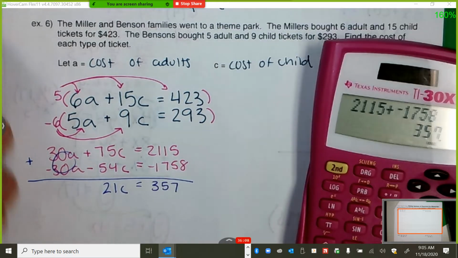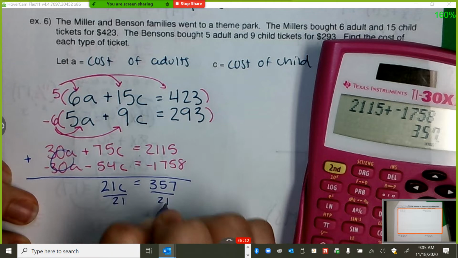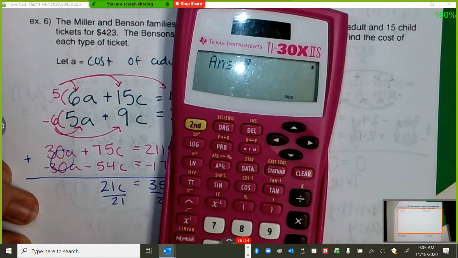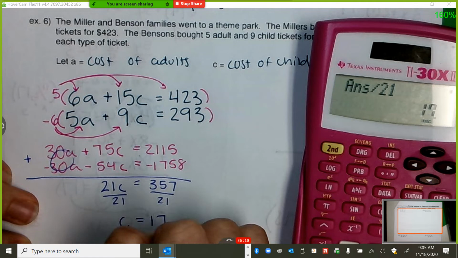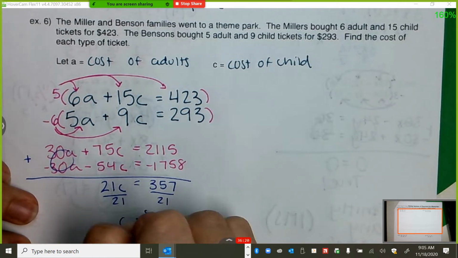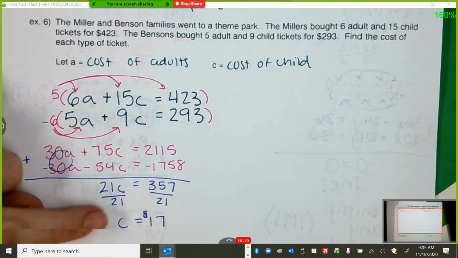What's my last step here? Divide by 21. And I get 357 divided by 21 is 17. So a child ticket costs how much? $17. That's a really small dollar sign, I promise.